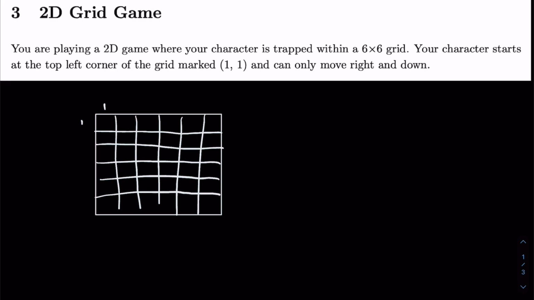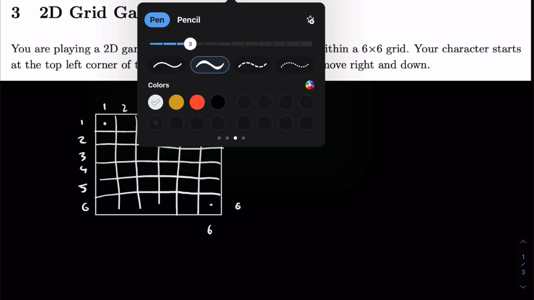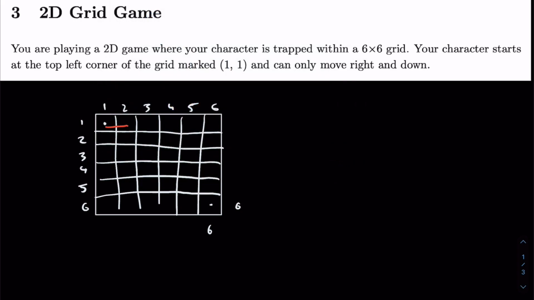So right here is the 1x1, and here is the 6x6. 2, 2, 3, 6. And our character can only move right or down, and he can do these moves in any desired order, and the goal is to reach the end.